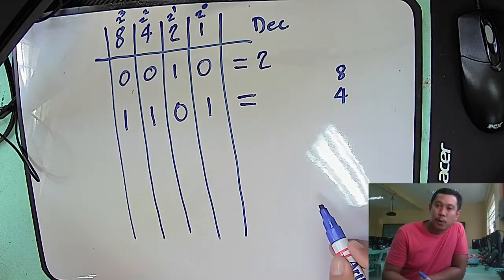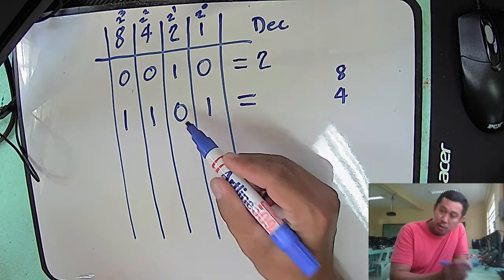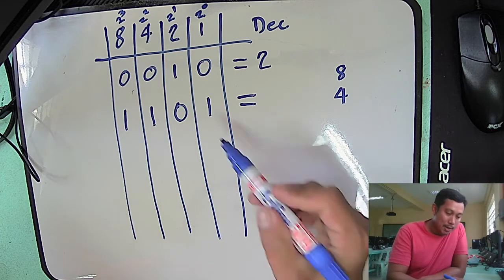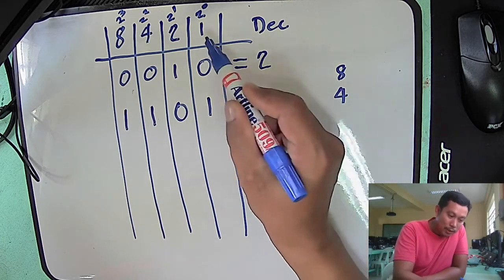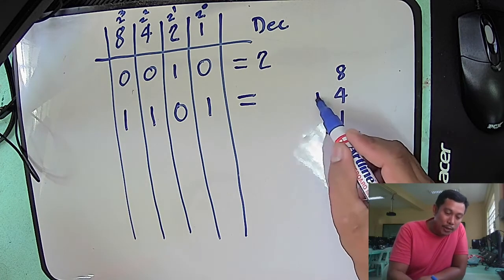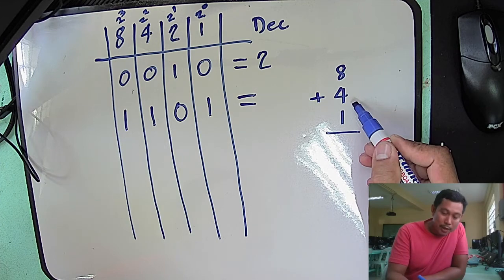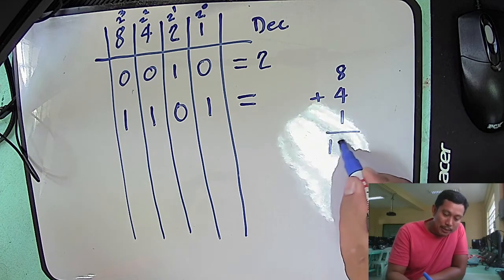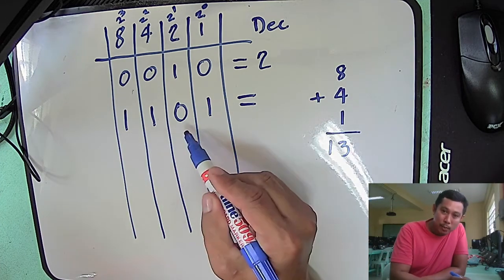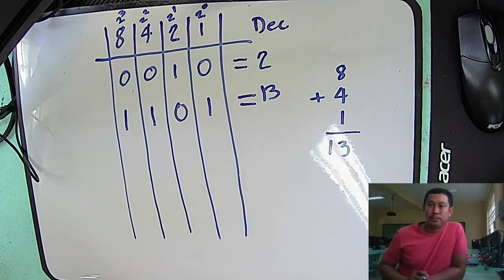So we are going to write 4. The 0 is located in the 2. That is 0. Disregard that. And the 1 is located here. We're going to have 1. And add all of those things. 8 plus 4 is equals 12. Plus 1 is equals 13. That is why this one here is equals to 13.